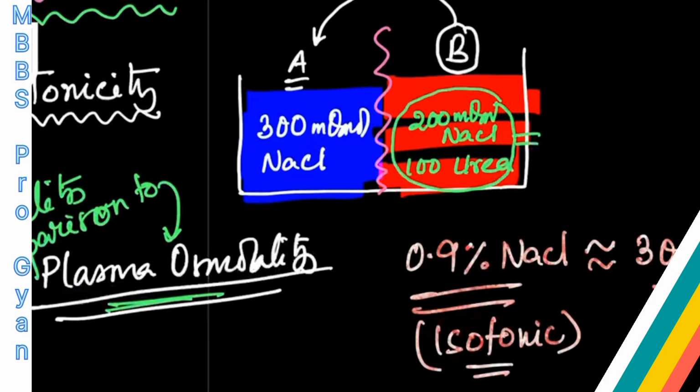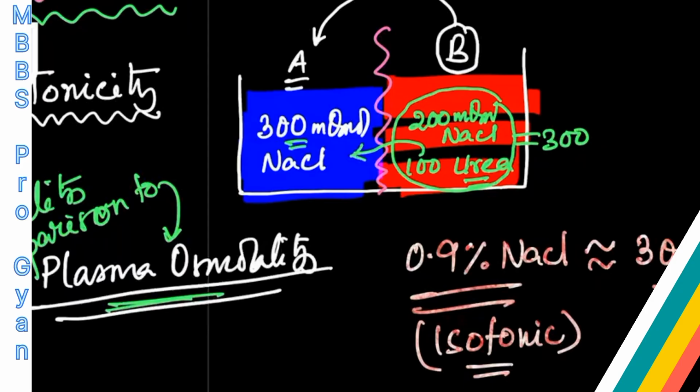So if I look at the combined osmolality, it is 300, which is equal to compartment A. That is, both the compartments are iso-osmolar, but now both the compartments are not isotonic. Why? Because it contains urea. What about urea?